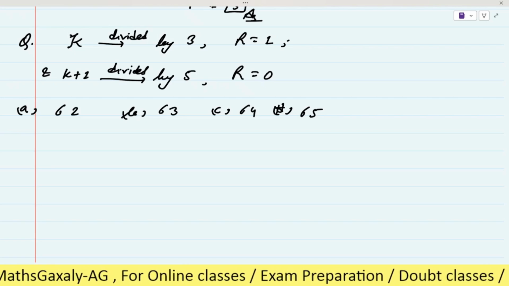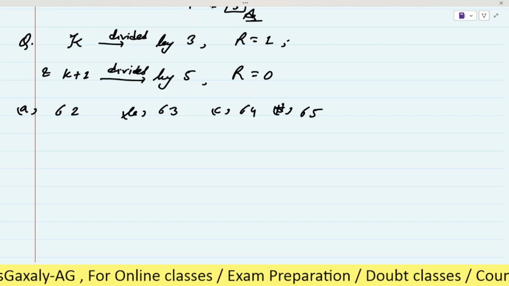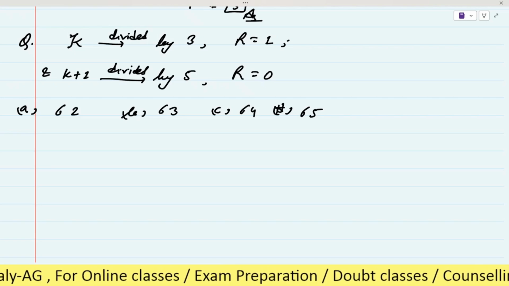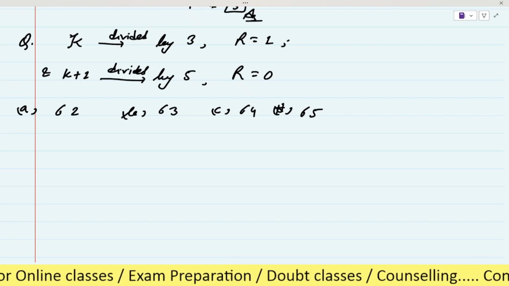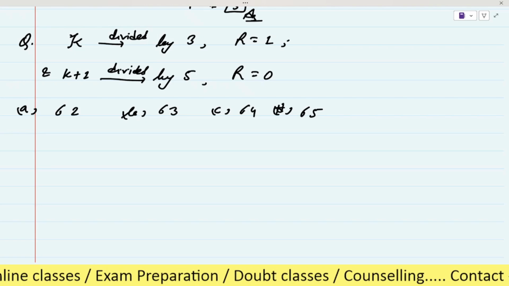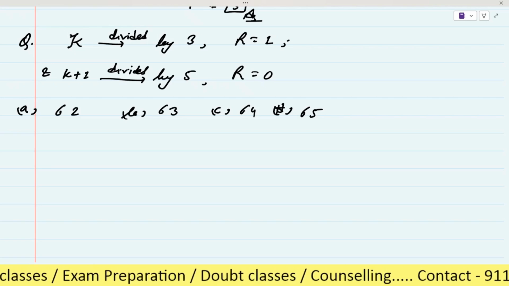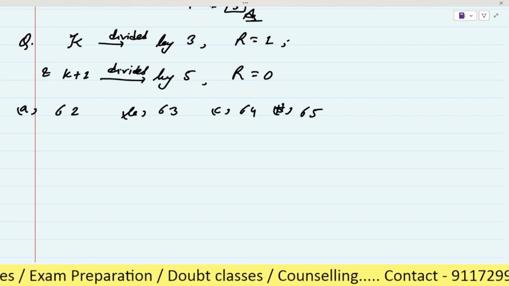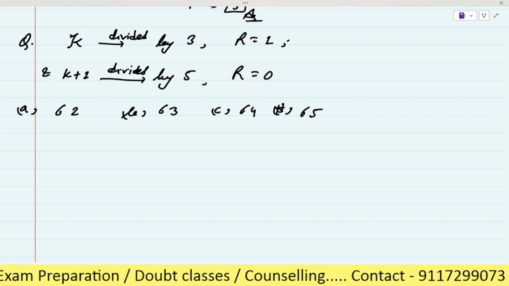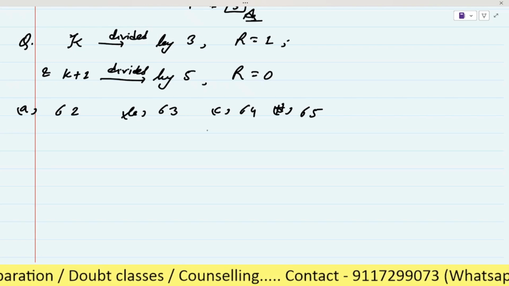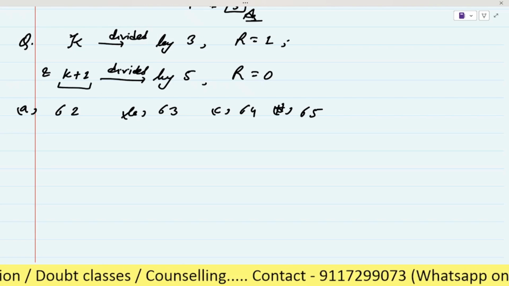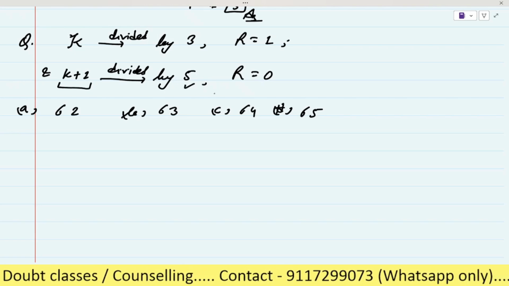If you apply some basic concepts without pen and paper, within 1 or 2 seconds, you can get the answer. You have to just see this part. k plus 1 is divisible by 5.